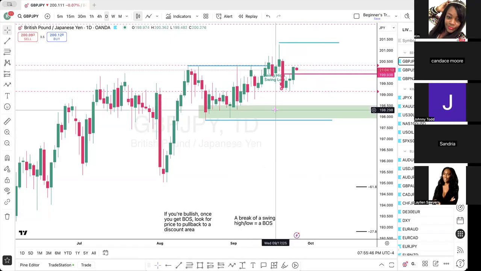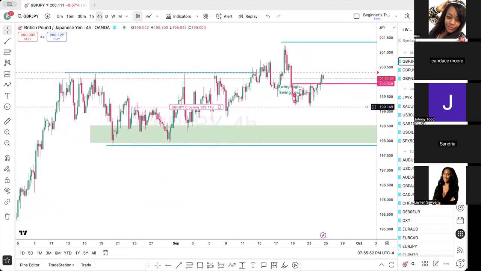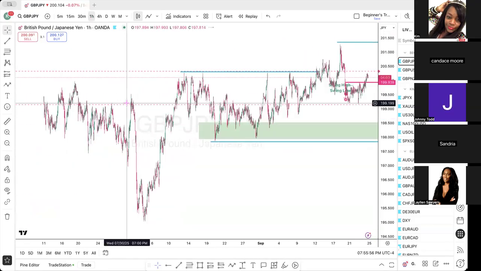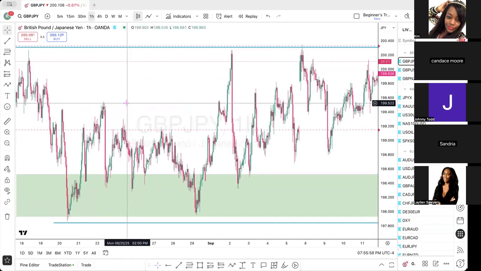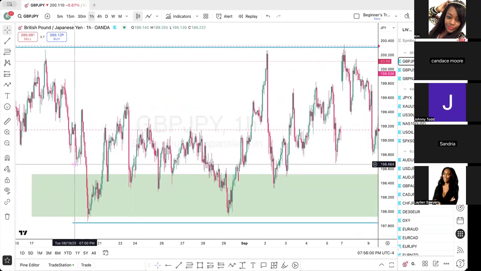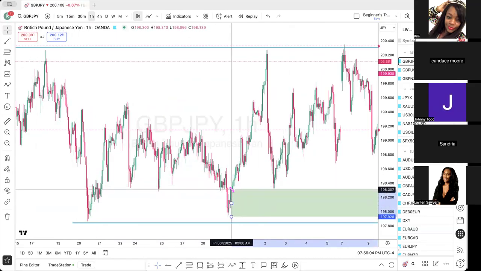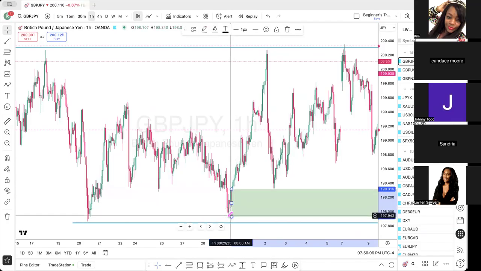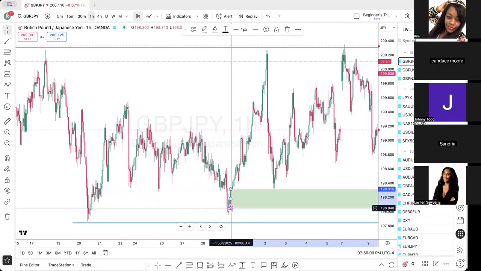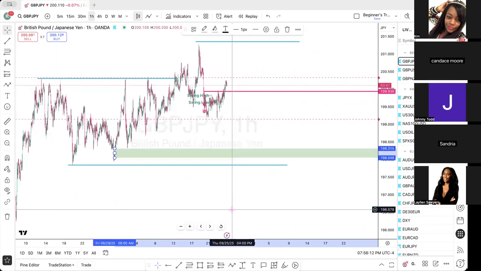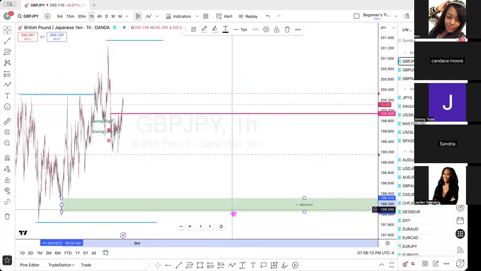Now, I know I marked up a zone that you can't see. But when I go down in time frame, let's go down to the 1 hour, I can start to see that I'm looking for this zone here for price to pull back to. Did I delete it? I think I did.